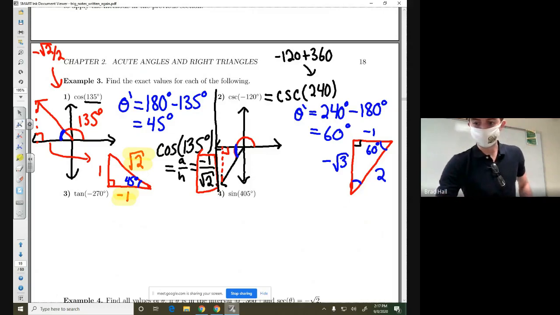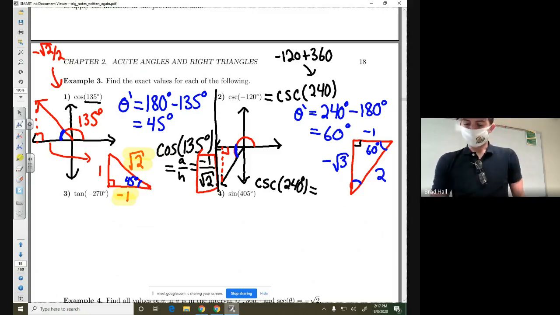And the triangle helps us find that really quickly. So cosecant, well, let's see, that's 1 over sine. Sine is opposite over hypotenuse, so this is going to be hypotenuse over opposite.